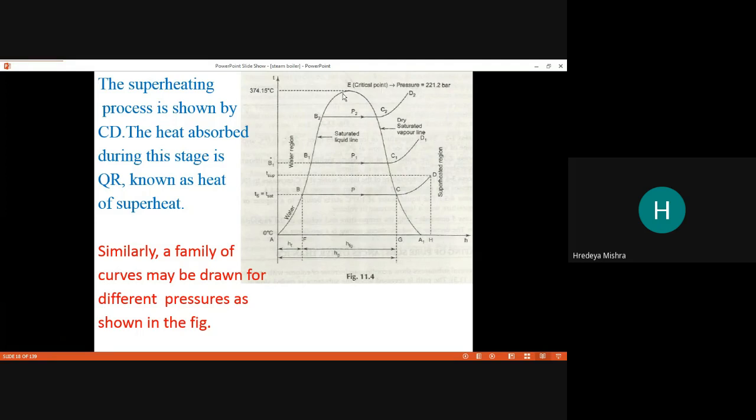We can get a critical point, after which if we increase the pressure, the temperature is not increased. You can see CD is the heat of superheated steam.